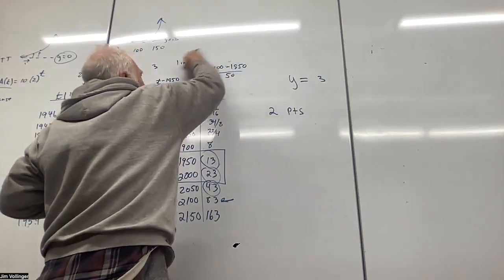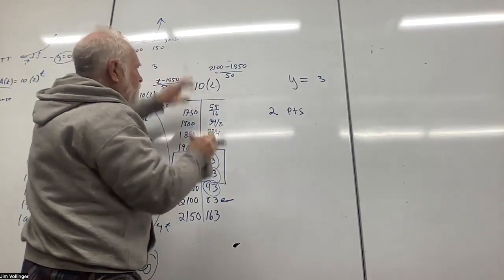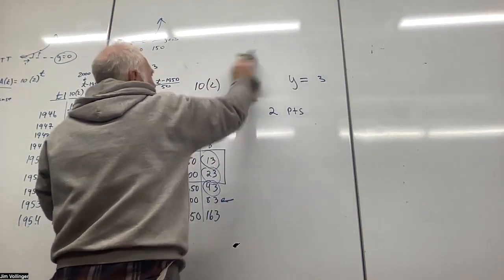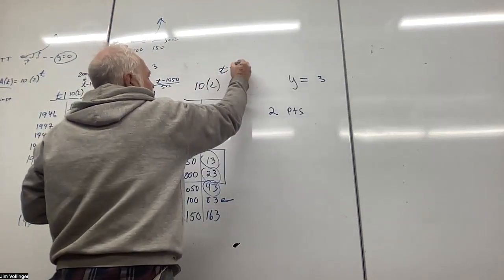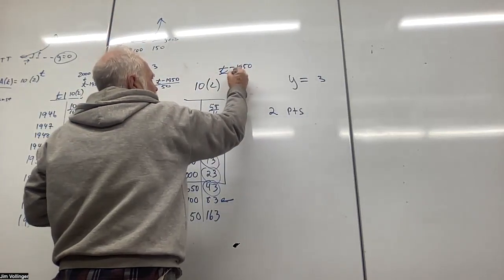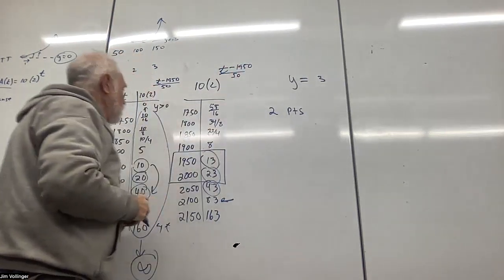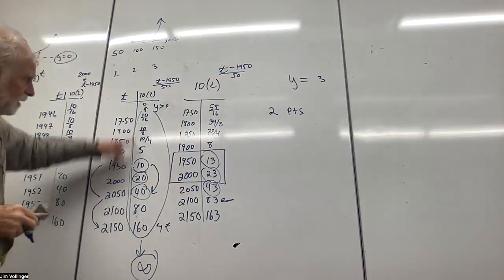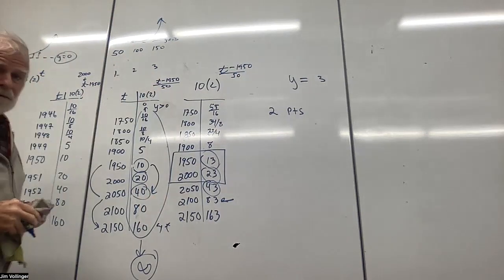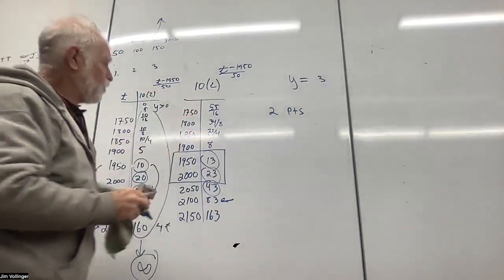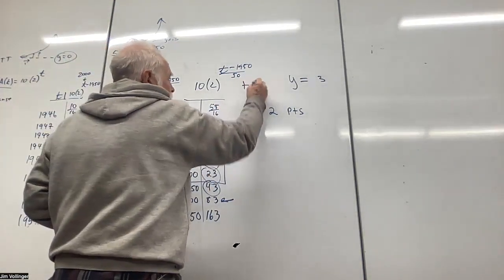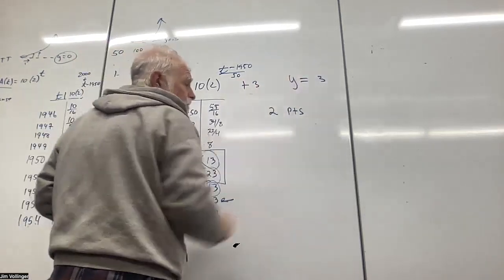T minus 1950 over 50 is only giving us positive numbers that are heading to 0. Over here, I added 3. So that's my new asymptote, y equals 3.